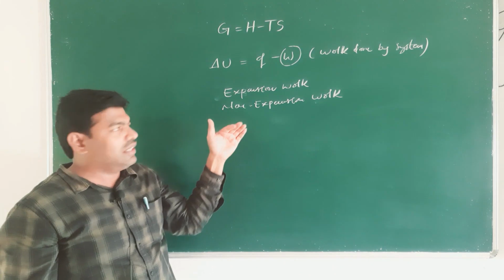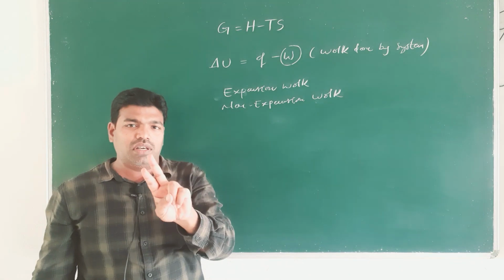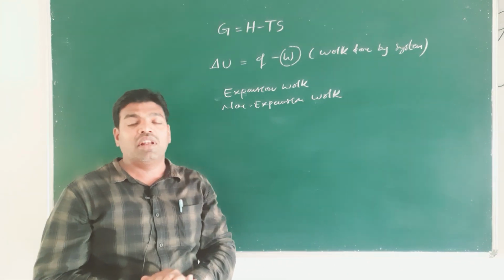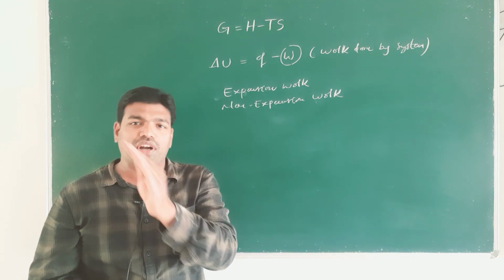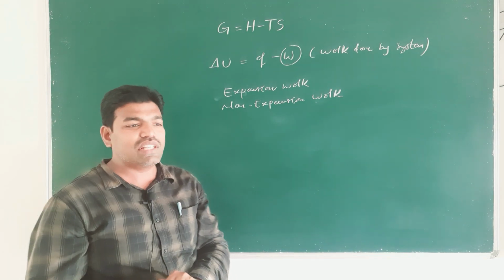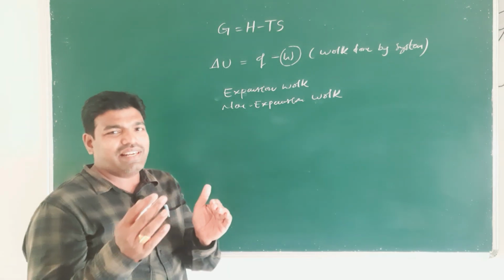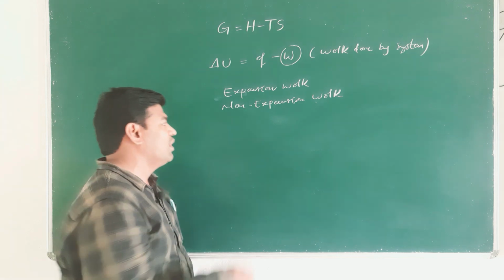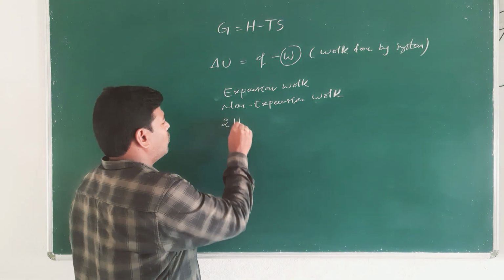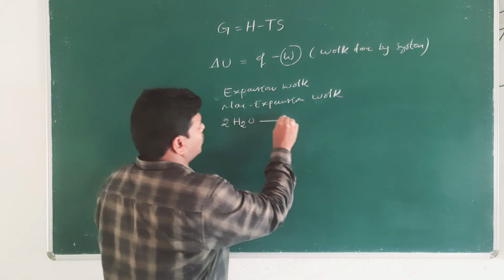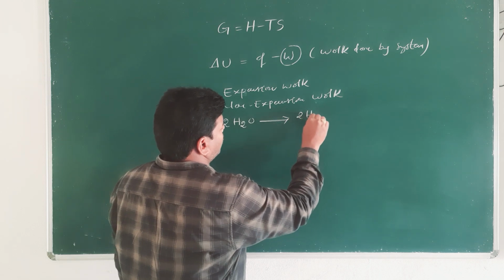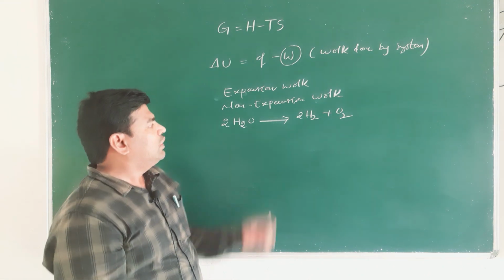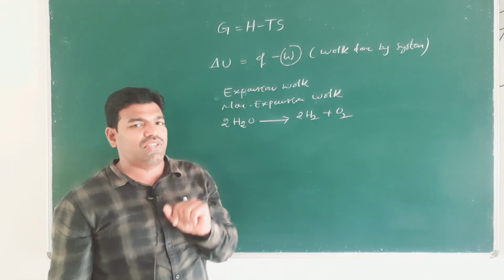Let us try to understand these two types of work by taking the example of electrolysis of water. The chemical reaction that takes place in electrolysis of water is 2H2O gives rise to 2H2 plus O2.